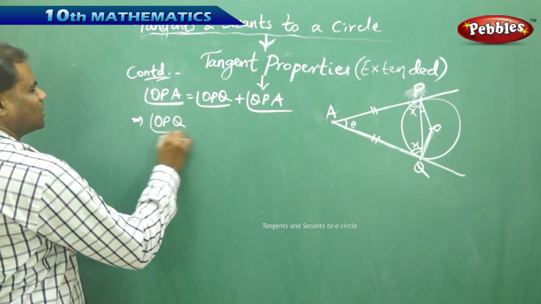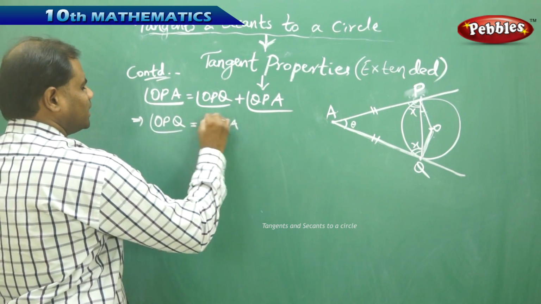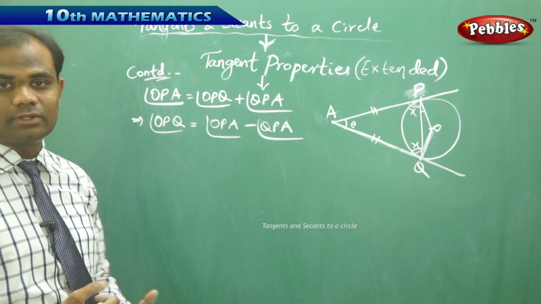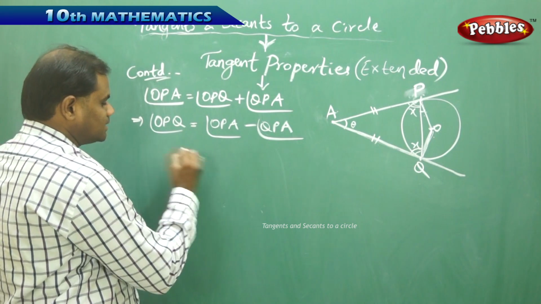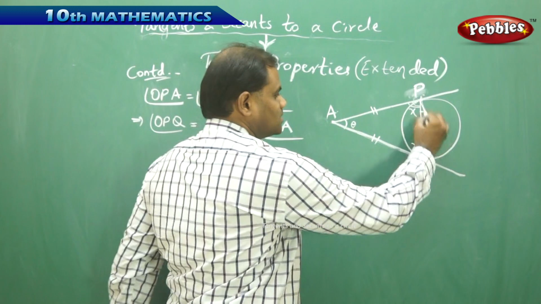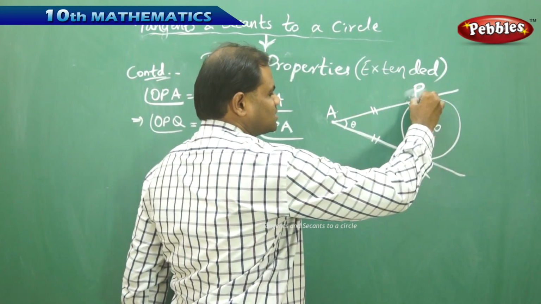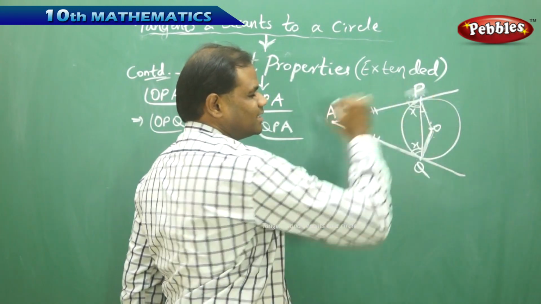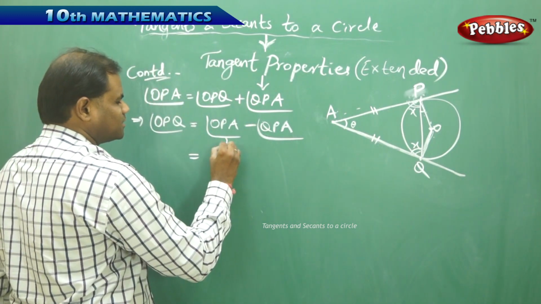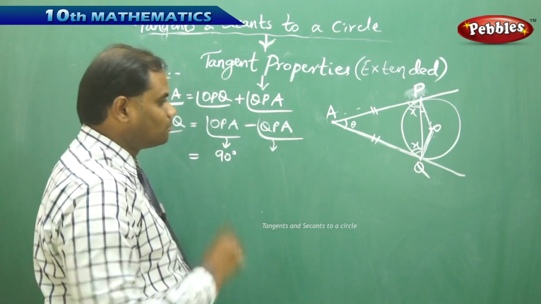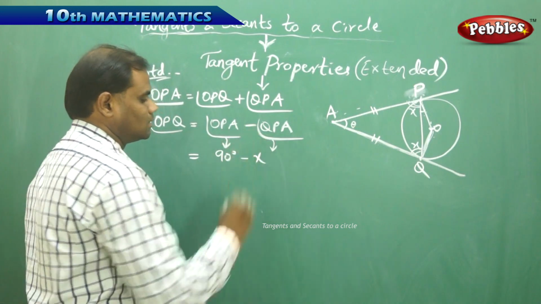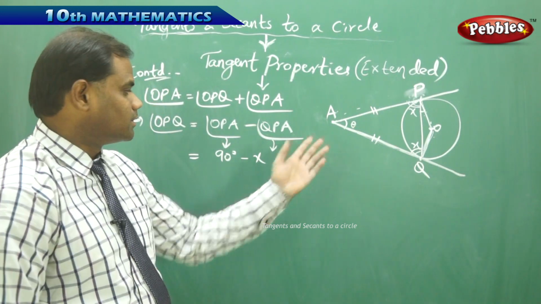That implies angle OPQ is angle OPA minus angle QPA, when I take this to the left hand side. Now as I clearly see here, angle OPA is 90 degrees because OP is the radius and AP is the tangent. So the radius is perpendicular to the tangent, therefore this entire angle is 90 degrees. Therefore OPA is 90 degrees and my angle QPA is x, from the diagram.